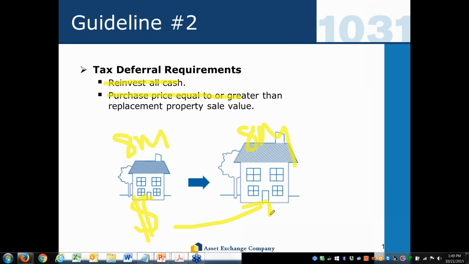Now, what that means is you're going to probably have to get a loan to replace the one that you had on the sale property. Now, you don't have to get a loan if you want to contribute additional cash. So you can always contribute additional cash, but most of my clients will replace the debt. So if you don't want to pay taxes, spend all your cash and buy enough real estate.